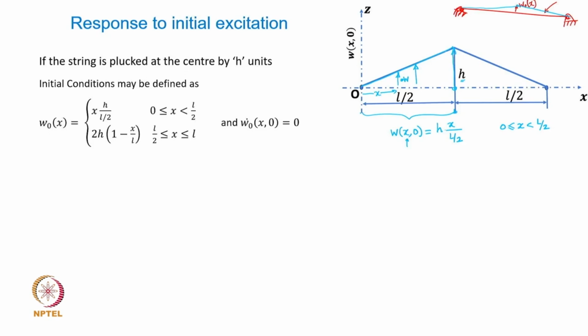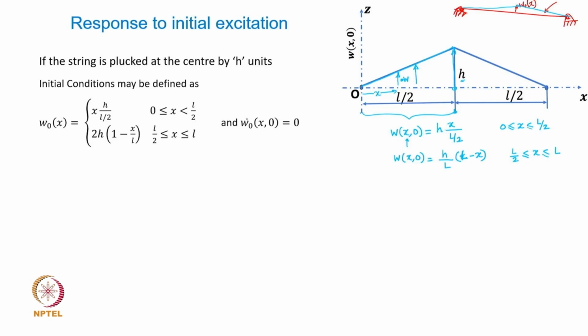Whereas in the remaining part, you can show that the same displacement is going to be h over L by 2 times L minus x, that is between L by 2 and L. So, you can treat them to be like that.